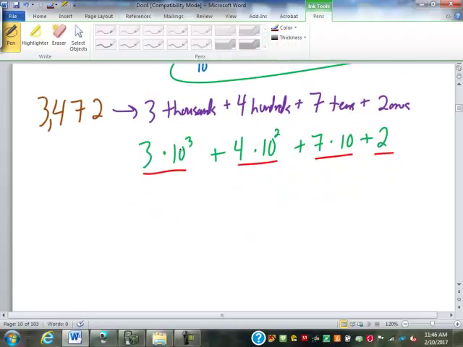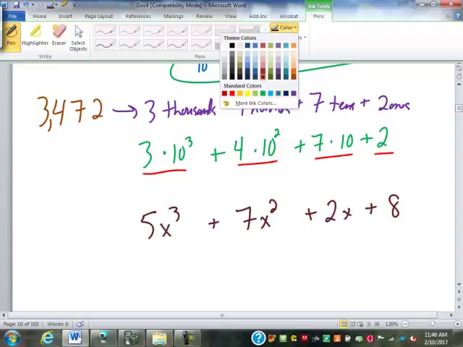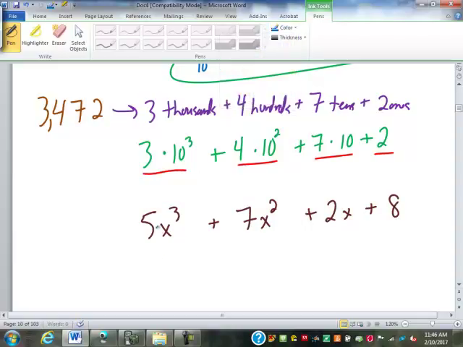Many of you have probably seen an algebraic number that looks something like this. If we look at that, this is 5 times x to the third, 7 times x squared, 2 times x, and then 8 times ones, or if you thought about it as x to the 0.